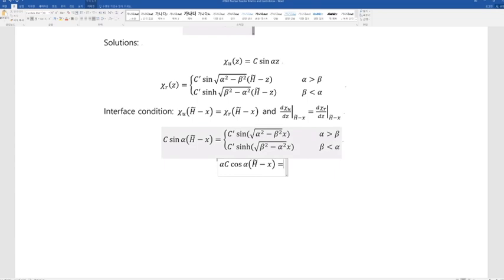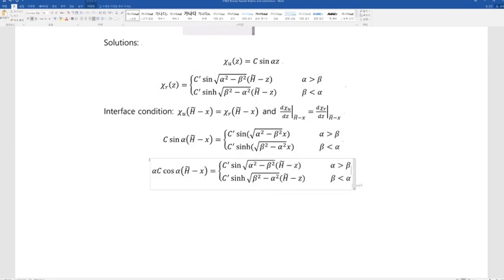For the loaded volume, then the right hand side would be, if we differentiate this with respect to z, then of course we have a minus g, so minus square root of alpha squared minus beta squared, g prime, and instead of sine it should be a cosine function when we differentiate and insert h tilde minus x.